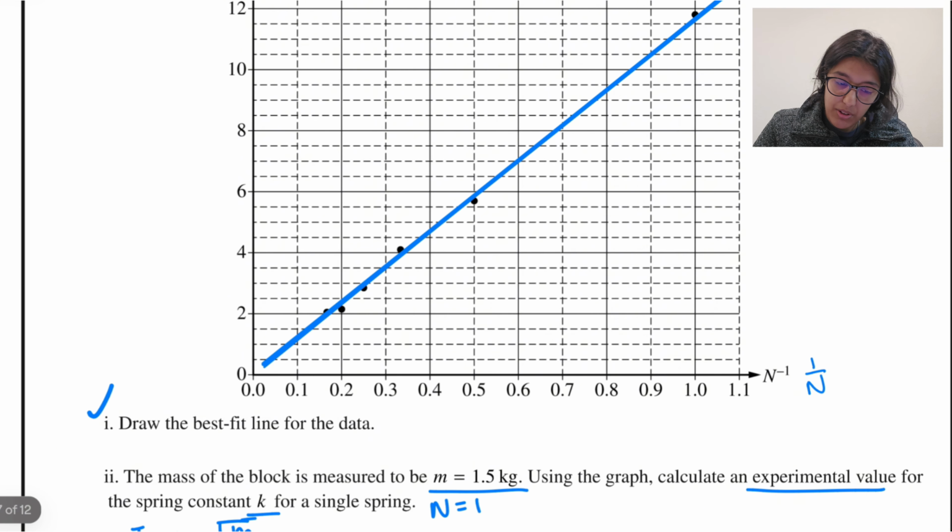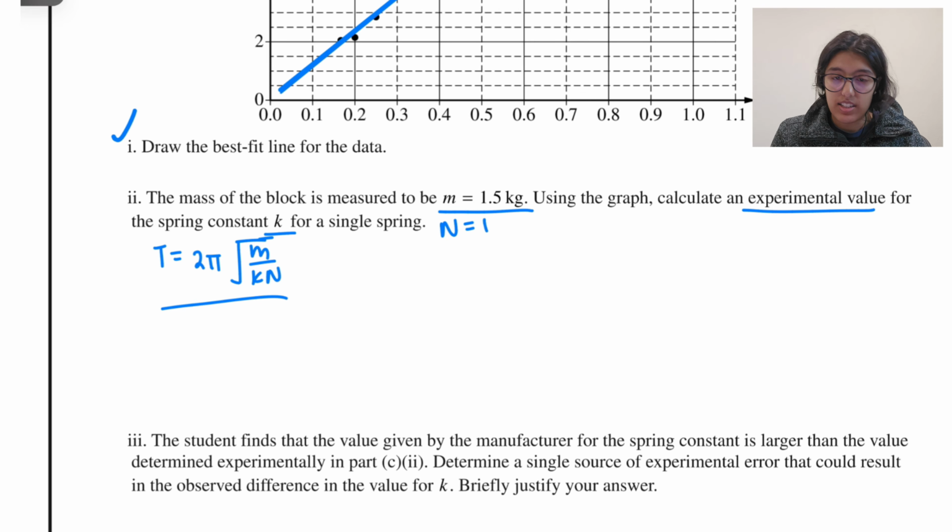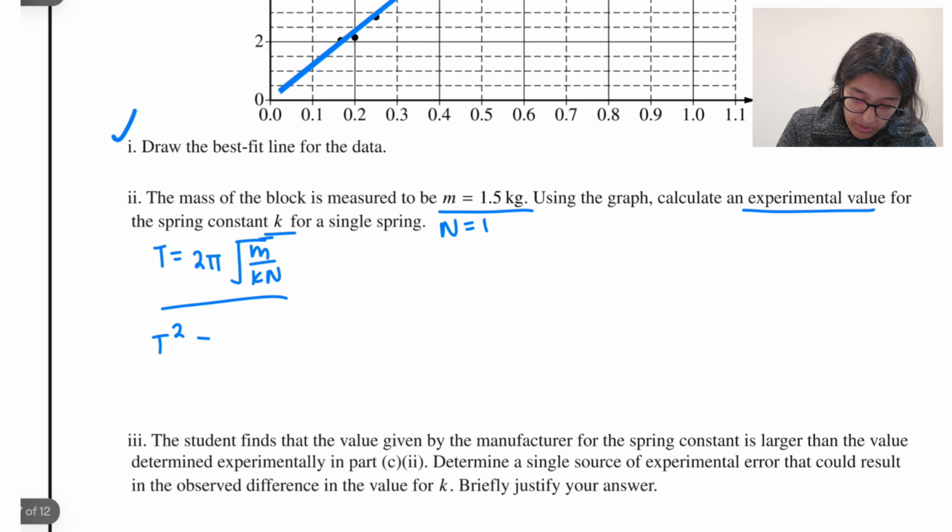And then I see that we have n in the denominator. So I'm going to try and focus on this equation instead of just substituting numbers in. So first, I want to get that T squared. So I'm just going to square both sides, 4 pi squared, and then m over kn. And now I think I'm ready to substitute that m back in. So I'm going to have T squared is equal to 4 pi squared times 1.5 over kn, right?